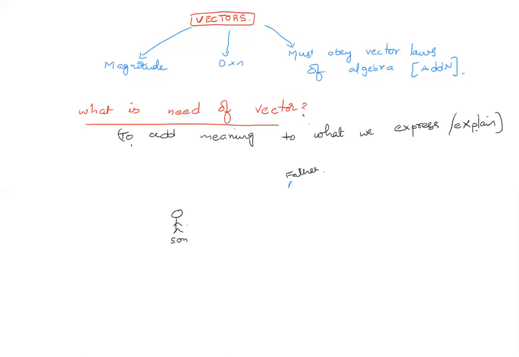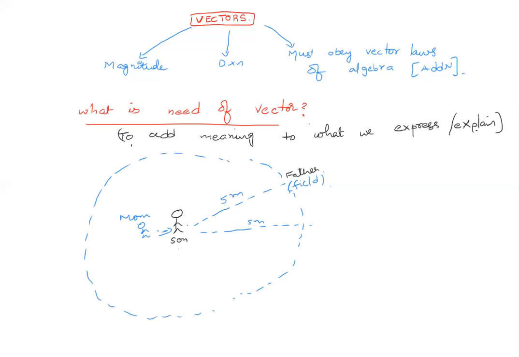If mom packs a lunch box and says, okay son, go and give the lunch box to your father, who is located at a distance of 5 meters, then if there are trees everywhere and his father is not visible, the son can go in any direction within this radius of 5 meters in this circular path, right?